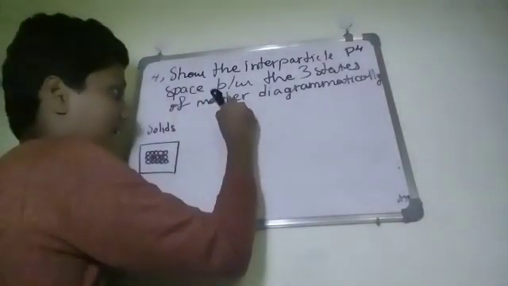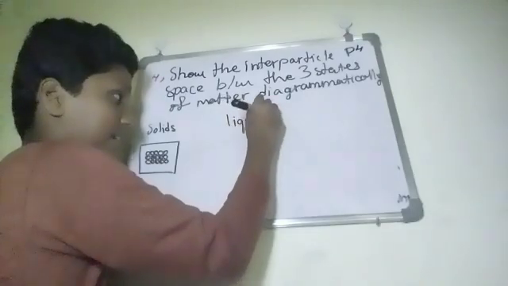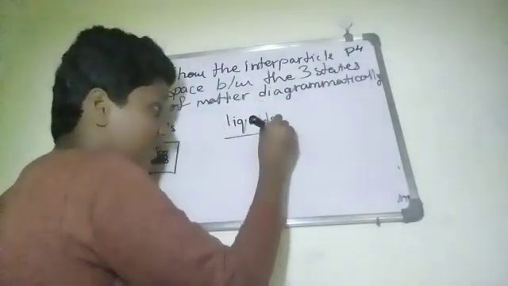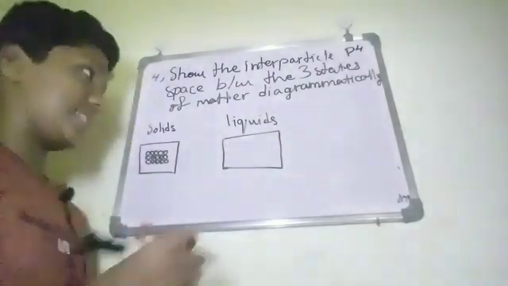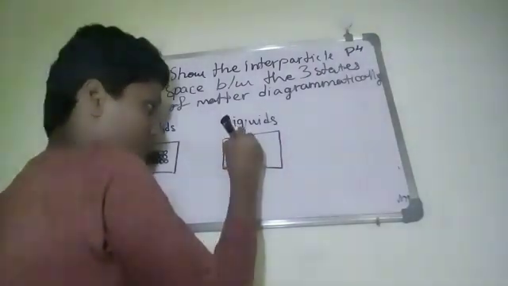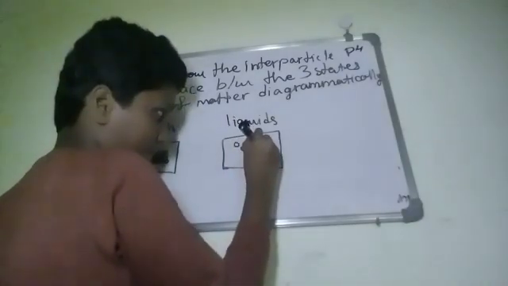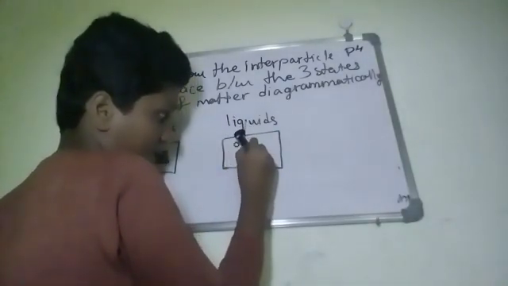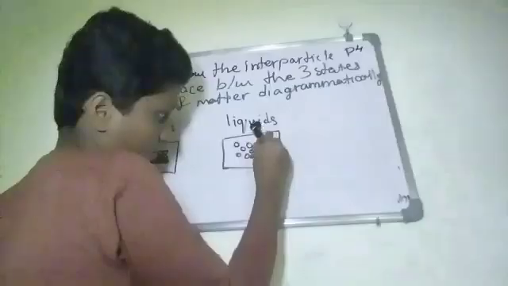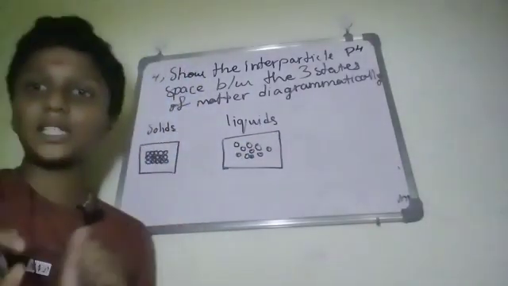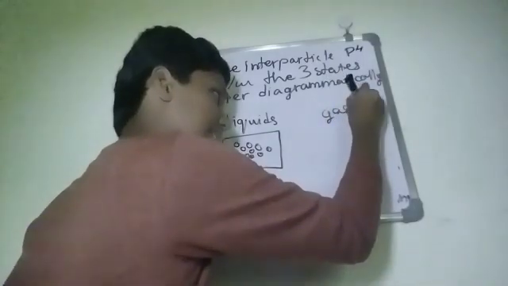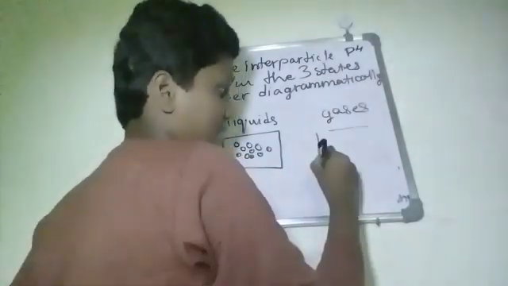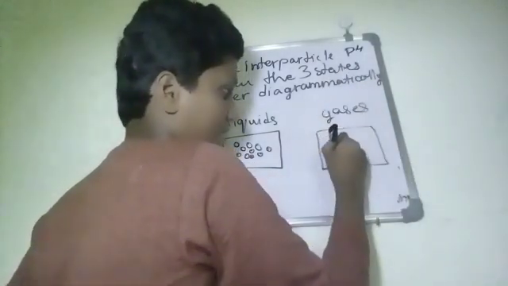And next we have liquids. We need just a bit more interparticle space, but not that much as gases. So we will draw like this. So this is the particle model for liquids. And at last we have gases. Gases can draw like this.